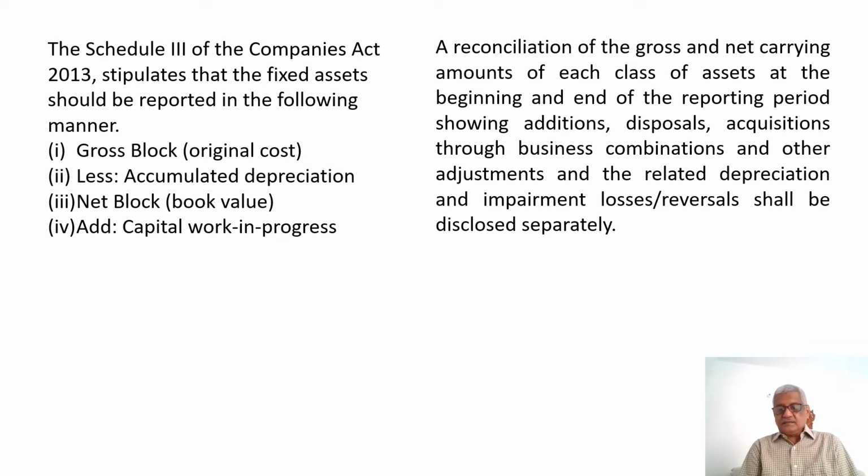Which means the company has to reconcile what my gross block position was at the beginning of the year, what capital assets I have added during that period, what I have disposed of, and what the net position is. This is in addition to reporting the gross block less accumulated depreciation, net block, and capital work in progress.